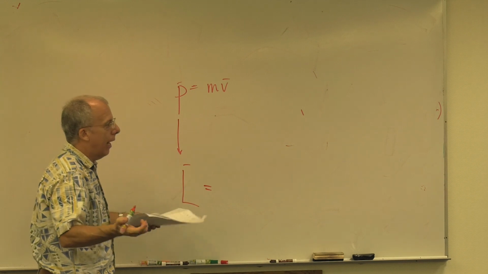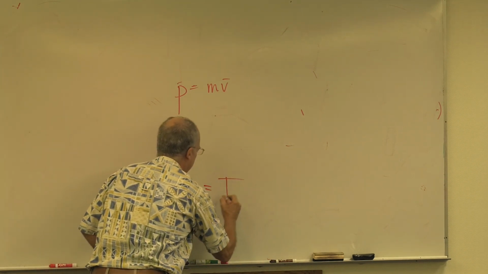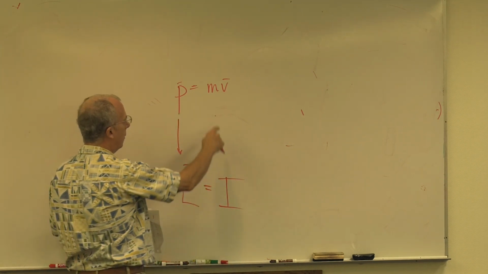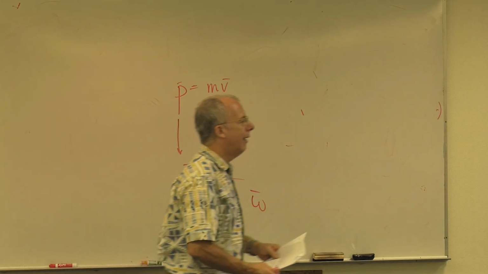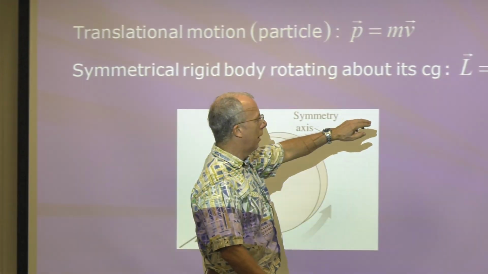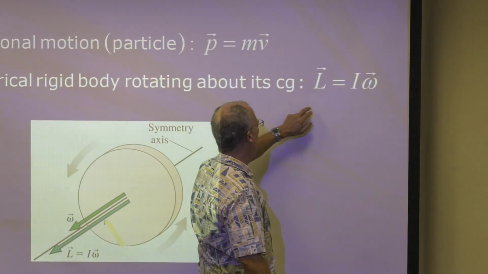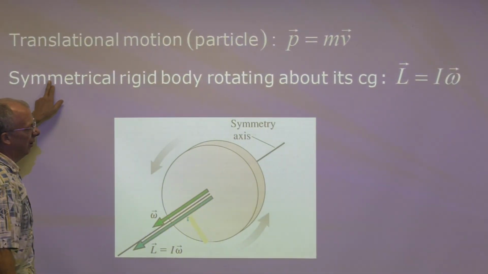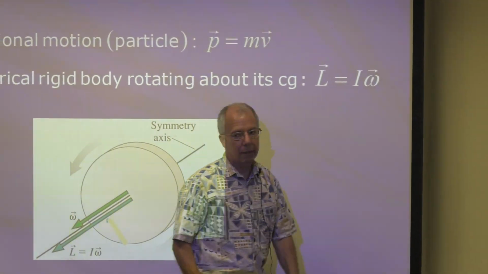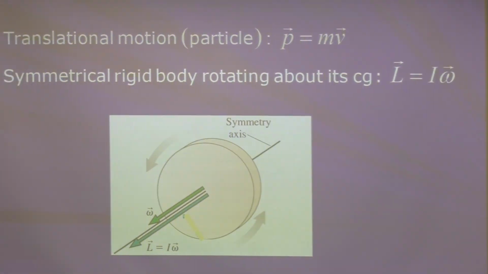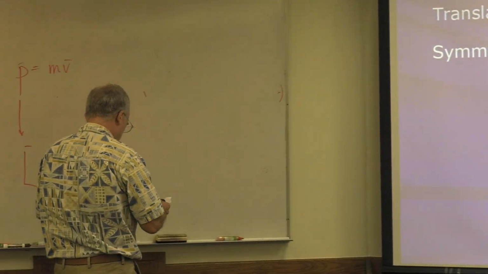Well, I. And what's the rotational equivalent of v? Omega. There you go. So this is the formula for angular momentum, only for this special case. But it's nice and easy to remember, because if you know this, bingo, you know that.